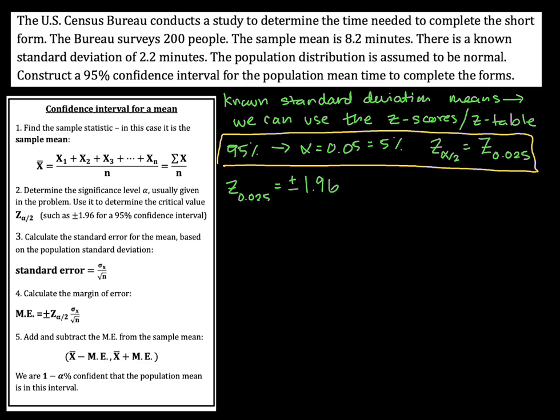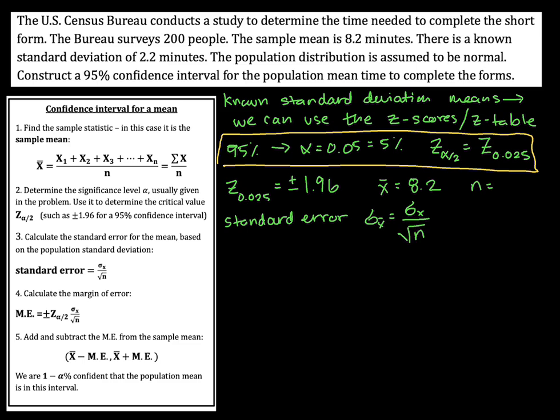So that's the z-score, and the sample mean is 8.2 minutes, and so then we need the standard error. So the standard error is the standard deviation of the sample distribution, so that's the standard deviation of the population divided by the square root of n.